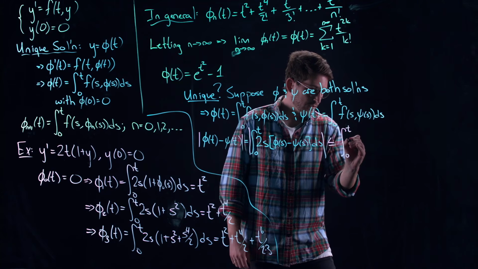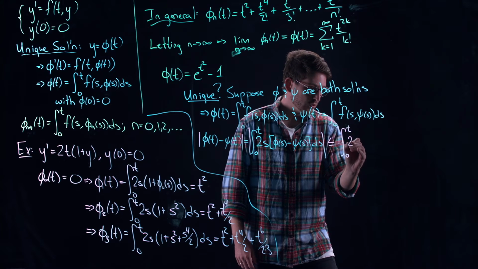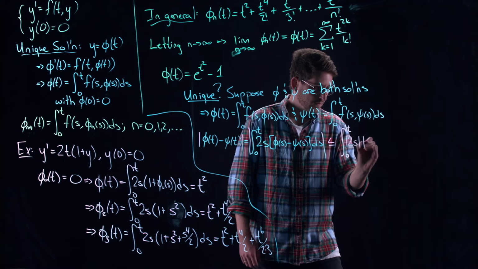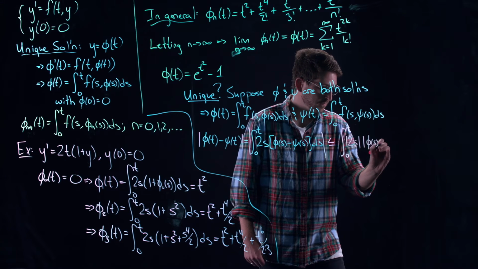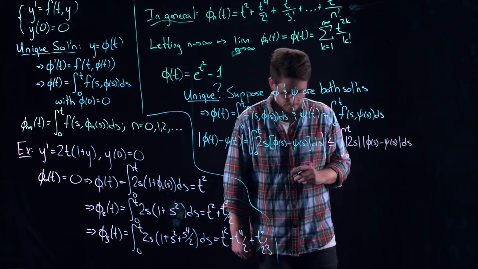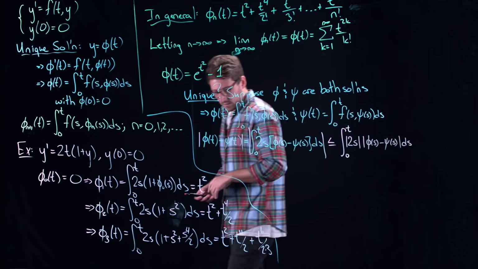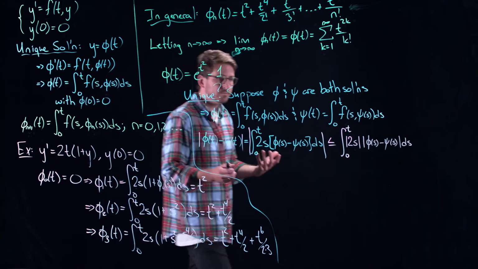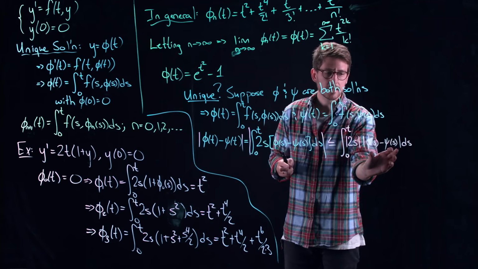And now you get 2 times s, and then phi of s minus psi of s ds. Did that help us? Not much, but let's take a look.